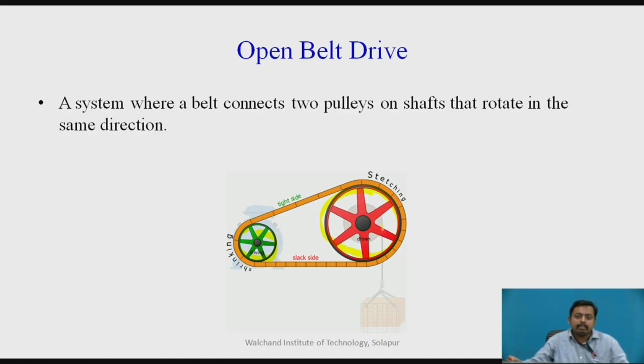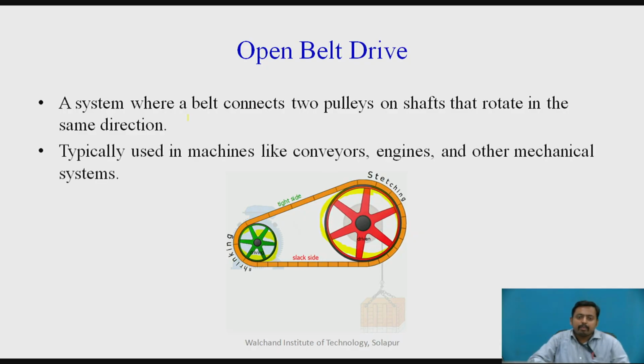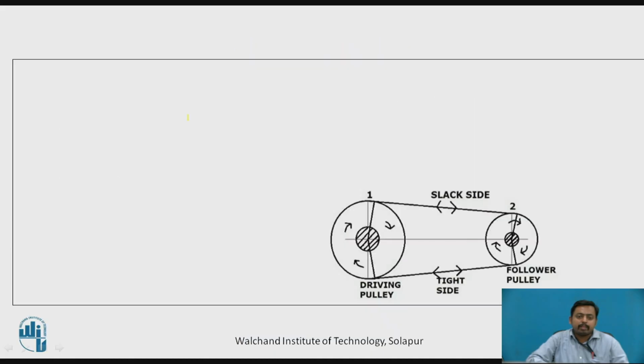That means the pulleys rotate in the same direction. So open belt drive is a belt drive where pulleys are rotating in the same direction. These belt drives are typically used in machines like conveyors, engines and other mechanical systems.